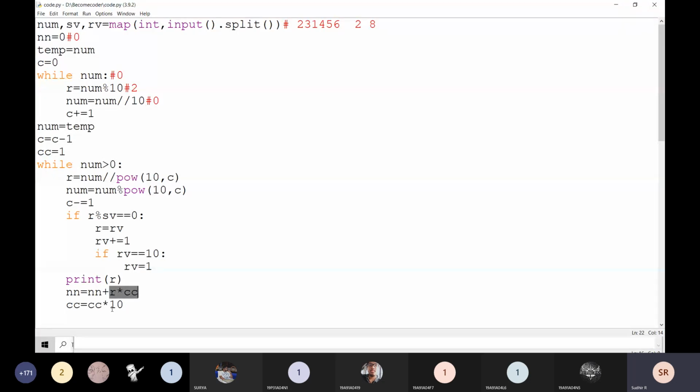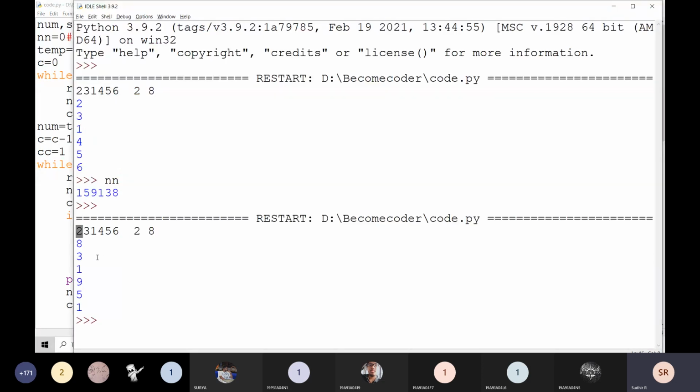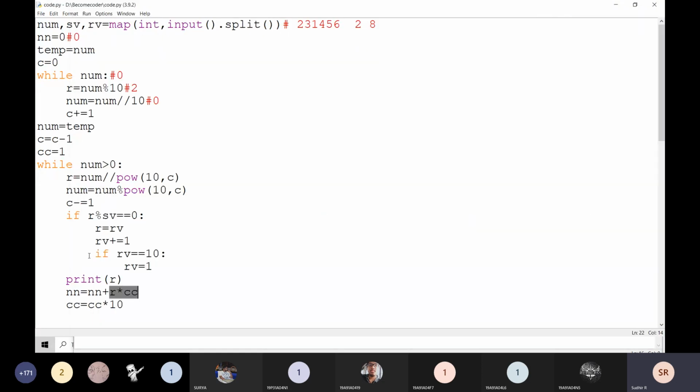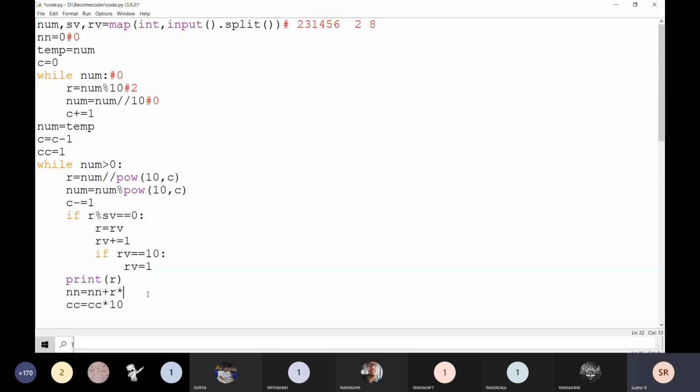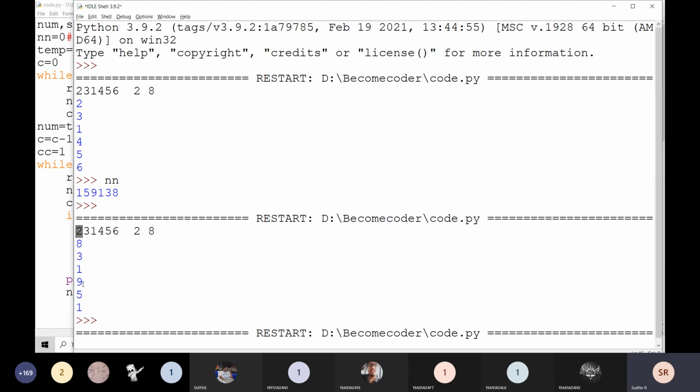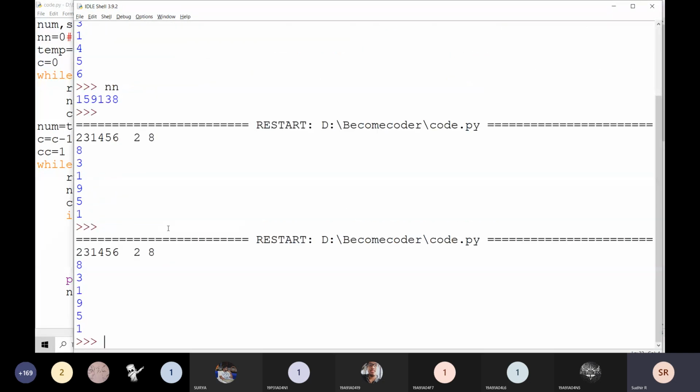Then it becomes 10. Then what is the next value? 3. 3 into 10. Nothing is there. New number into 10 plus r. I will try to write it, but it is not here. This is the input.